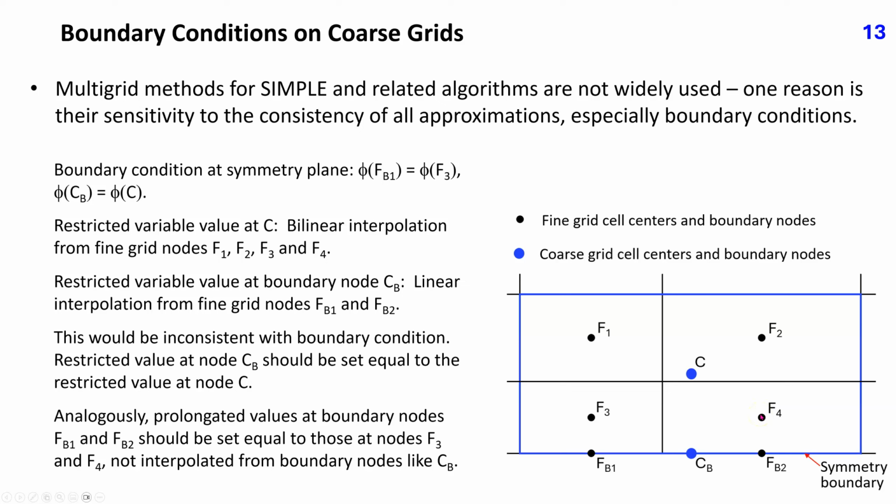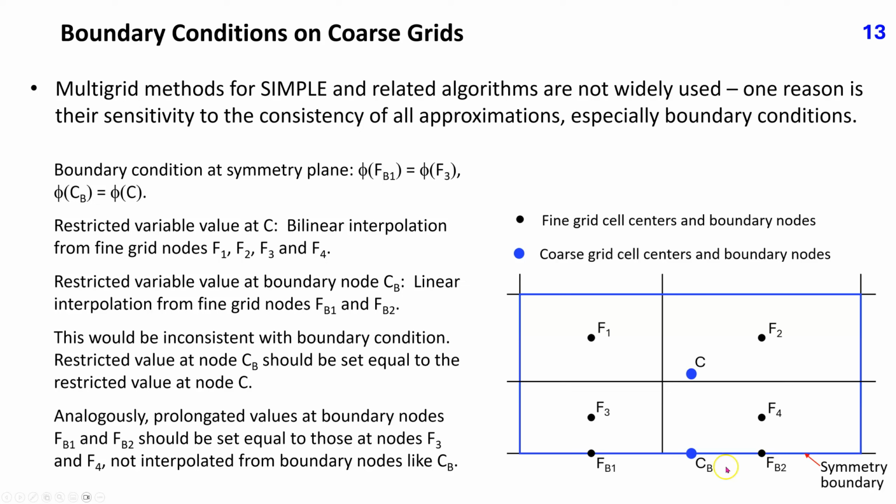The restricted variable value at the coarse grid boundary node CB could be computed by linear interpolation from fine grid boundary nodes FB1 and FB2. However, this would be inconsistent with the boundary condition.